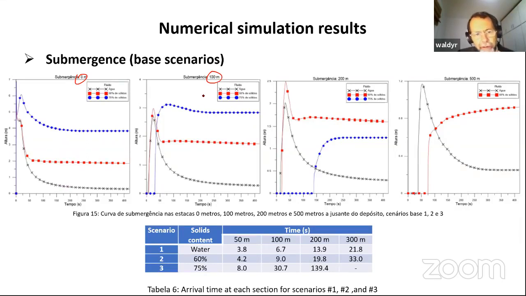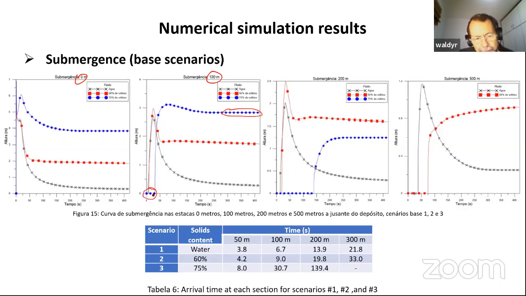Let's focus on the abscissa 100 meters, and then we see there's a feature that is common to all of them. There's maybe a peak, and then in this case it has a plateau. Okay, this plateau. What does this peak mean? First of all, let's pay attention to that delay.